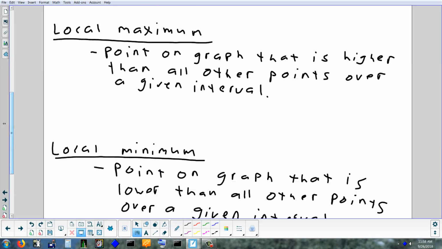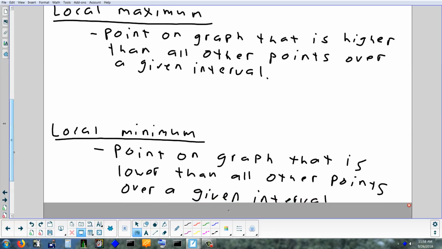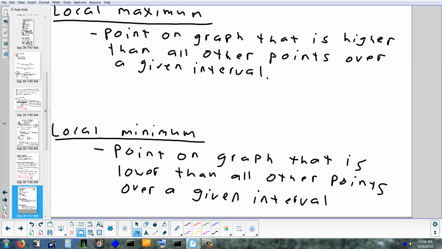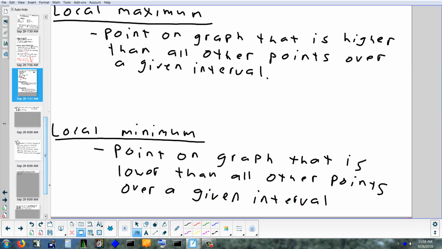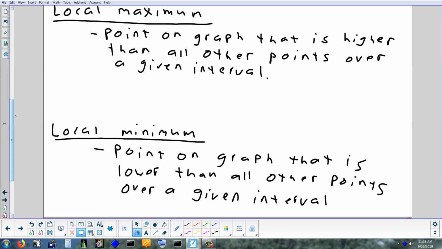And same thing up here, just put local maximum / minimum. Because it's the exact same definition, you're changing one word. Any question on what a local maximum or minimum is?